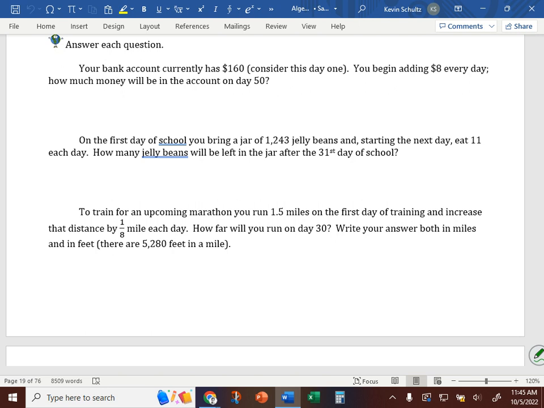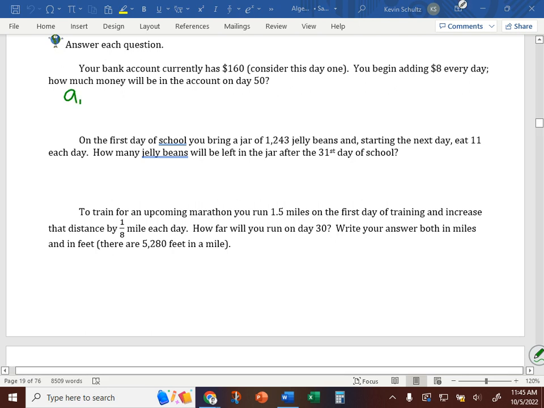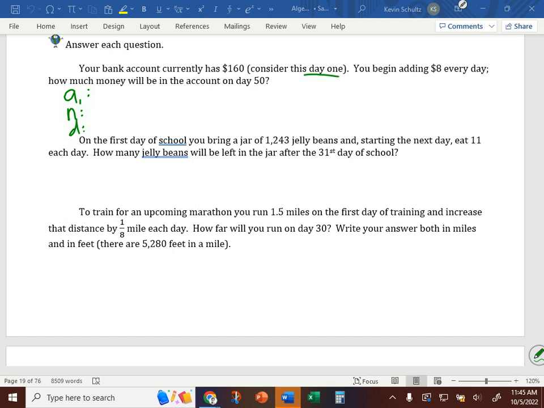The only piece that we're missing here is that n minus 1, okay? Because let's label our values here. Our first term, if we're considering this day 1, our bank account currently has $160 in it. That's where we're starting. We want to know how much will be in the account on day 50. So that's the number of the term we're trying to find.